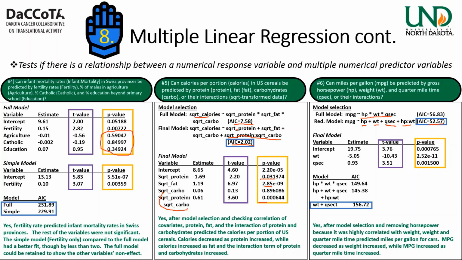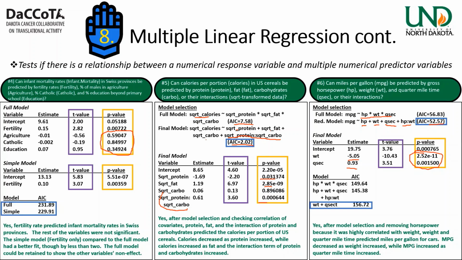It looks like weight had higher correlation, so I just included weight, and then of course the quarter-mile time, and those two ended up being significant, which means as weight increases, the miles per gallon decreases, not surprising, and as quarter-mile time increases, miles per gallon increases as well.